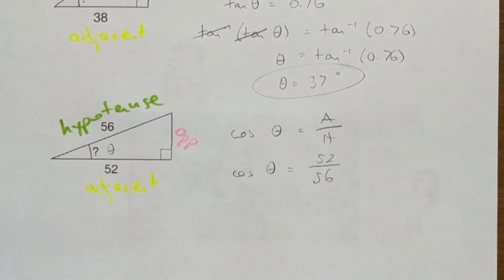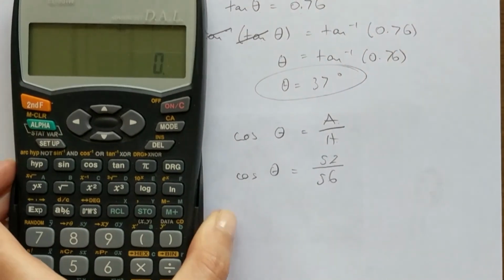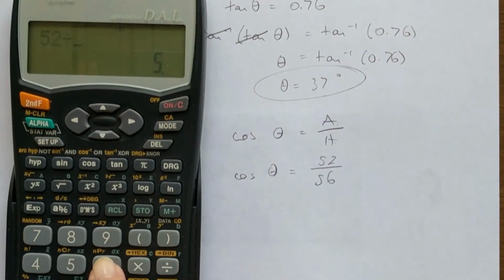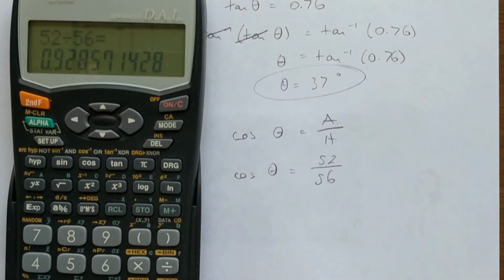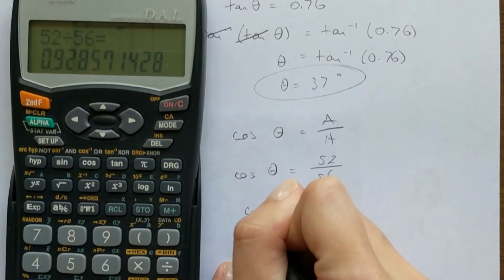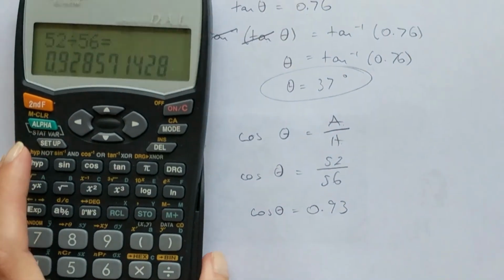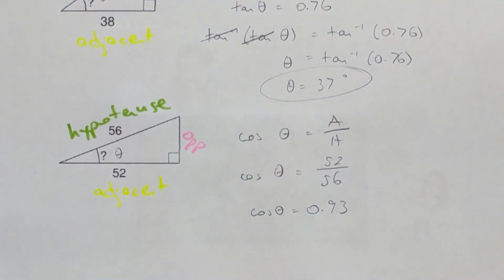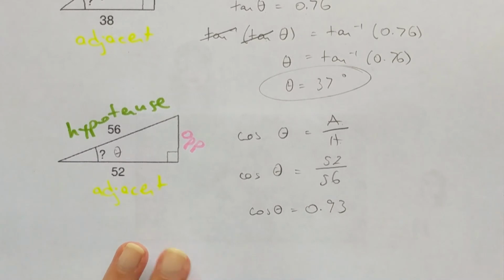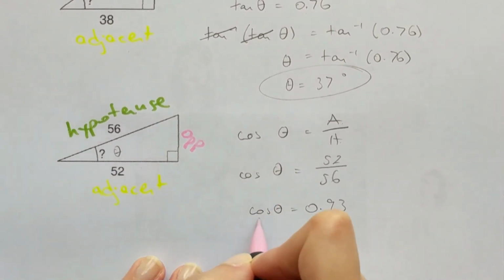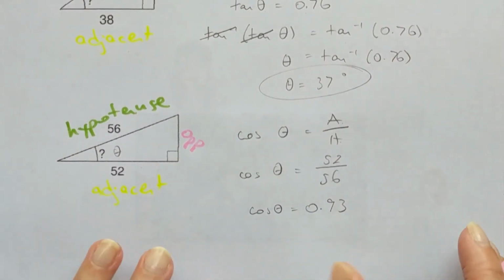Okay, now our calculator comes in handy. We need to do, what is 52 divided by 56? It's about 0.93. Okay? Now in order to get theta on its own, I need to do the inverse of cosine to remove the cosine.